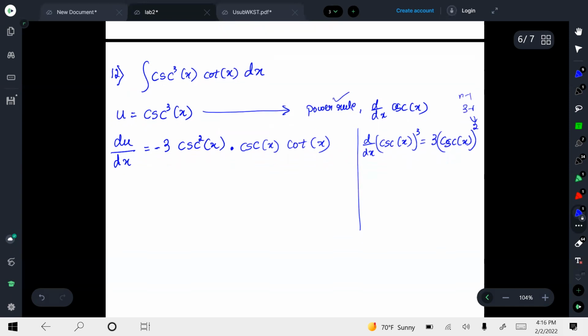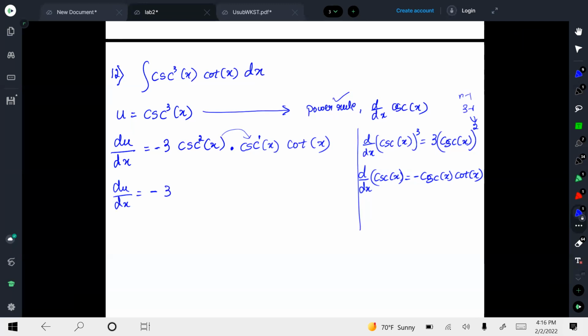Now, once you solve the power rule, you have cosecant x left out. So that will give you negative cosecant of x with cot x. That's the formula for the derivative of cosecant of x. Now, du by dx will be negative 3. Now you can easily multiply these two, right? You have the same base. 2 plus 1 is 3. So cosecant cube of x into cot of x.